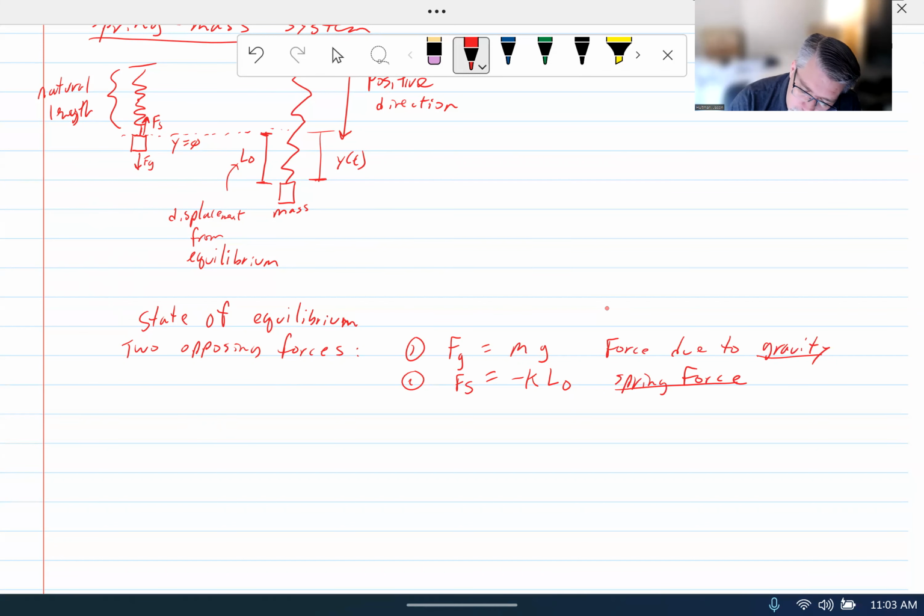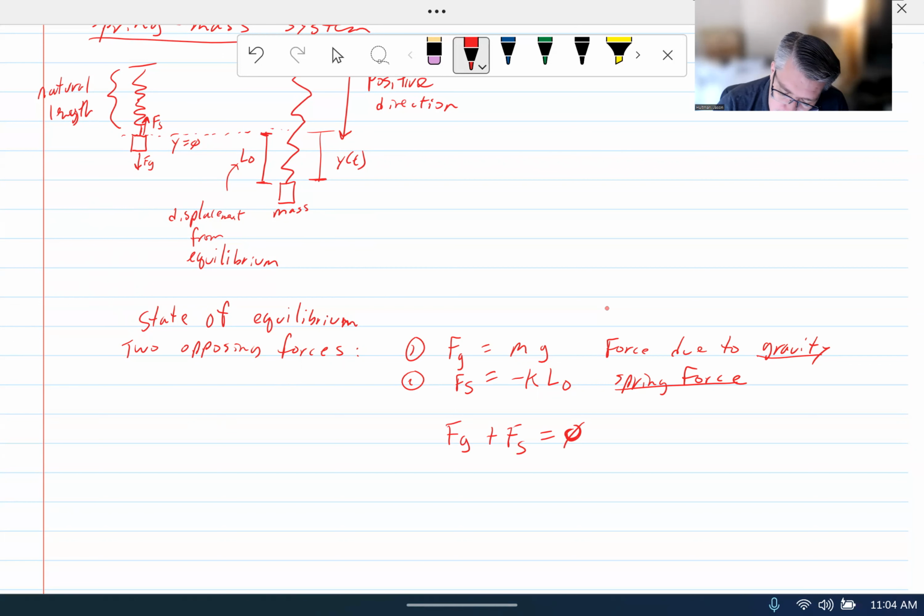And so we know that F of g plus F of s is equal to 0. Those forces are in equilibrium, so if I add the two forces together, they cancel each other out.